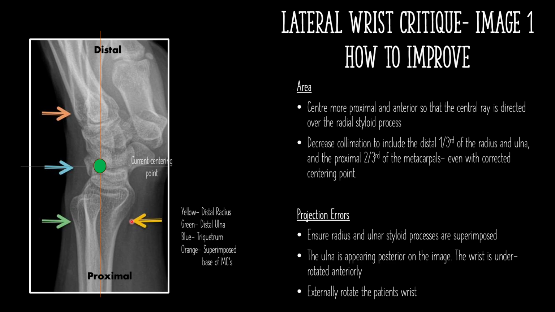Externally rotating the wrist will get them superimposed. So we would describe this wrist as an under-rotated anterior wrist, and we're going to externally rotate the patient's wrist to ensure that this becomes superimposed.